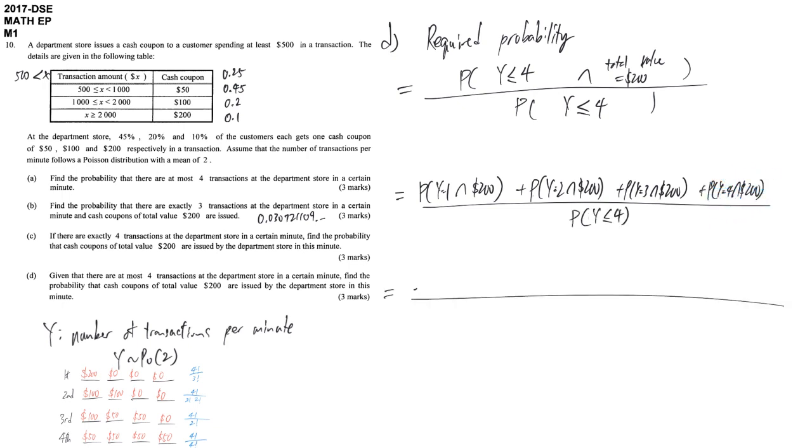The first case, only one customer: e to the power of -2, and then 2 to the power of 1 divided by 1 factorial. And that single person must get $200, so we have to multiply by 0.1 for the cash coupon. Now the second case. Ensure the first stage, we have 2 customers, so 2 to the power of 2 divided by 2 factorial here. You may need to break down your calculation.